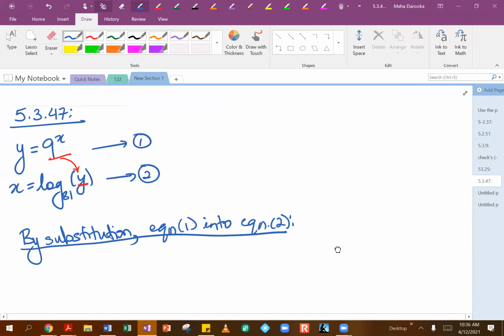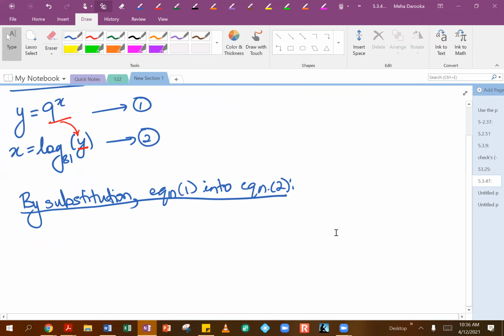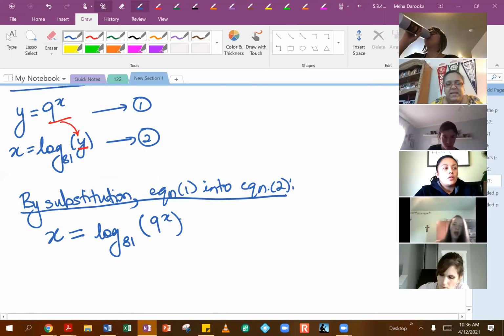So this will end up giving us x equals log of y; instead of y, we're replacing it with 9 to the power of x, with base 81.